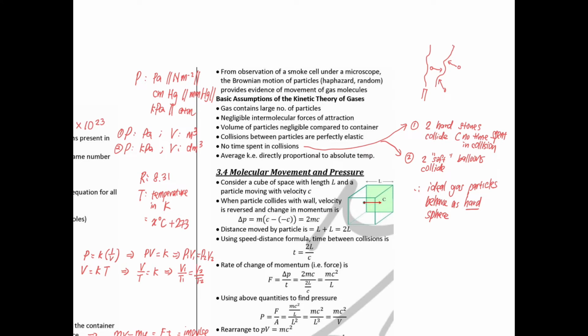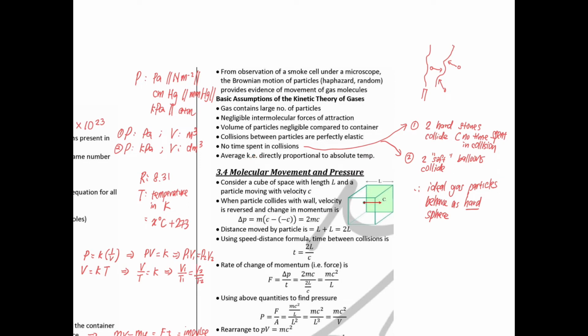I have to say this because past year question they asked before, no? So now last point. Average kinetic energy is directly proportional to the absolute temperature. So meaning that absolute temperature is temperature in Kelvin. That means the greater the temperature in Kelvin, the greater the kinetic energy.